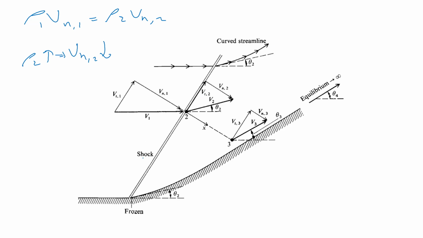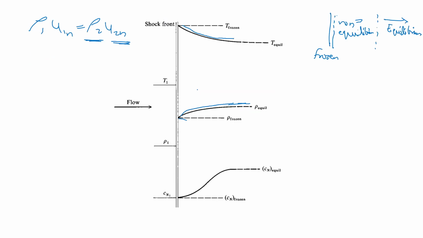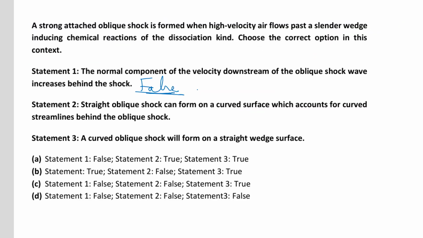So on a curved surface, we will get a straight oblique shock. Statement 2 says a straight oblique shock can form on a curved surface, which accounts for the curved streamlines behind the oblique shock. So this is a true statement.